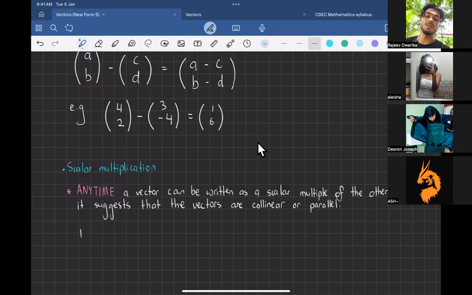And if two vectors are parallel, it means they're in the same direction, but they could have different sizes.